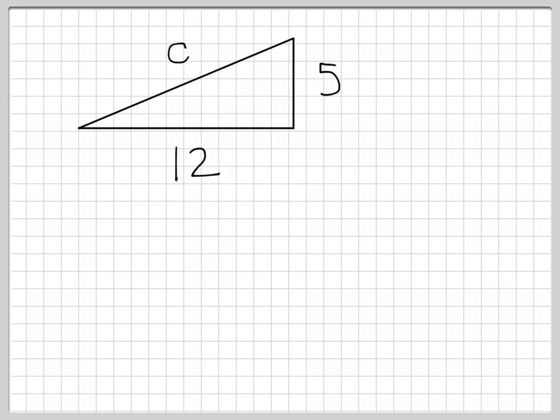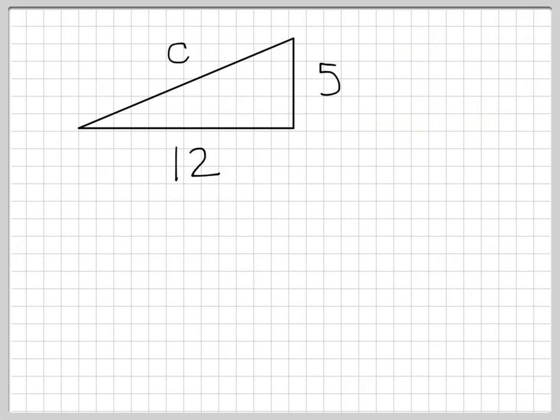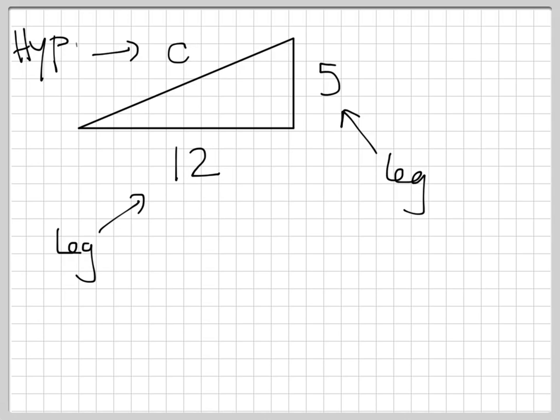And if you use the Pythagorean theorem, you can identify that this is a leg, that's a leg, and that's a hypotenuse. And so 5 squared plus 12 squared has to equal c squared.